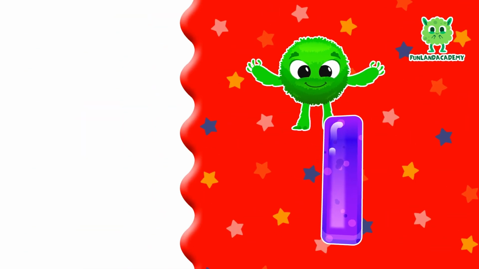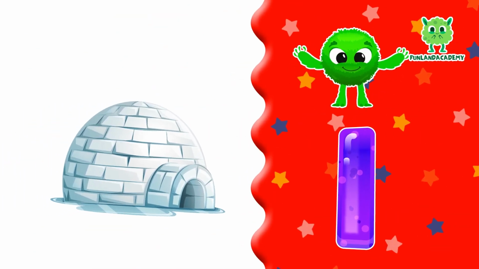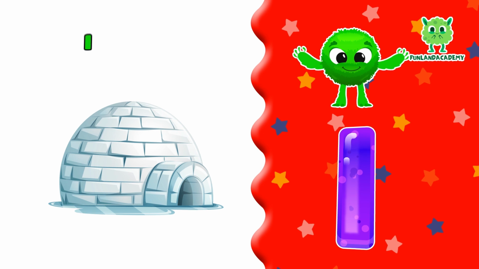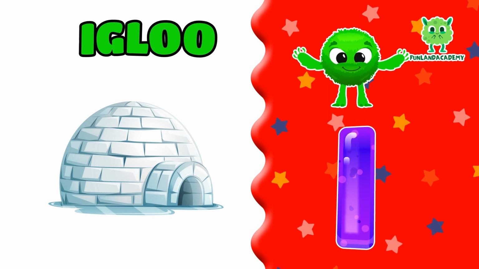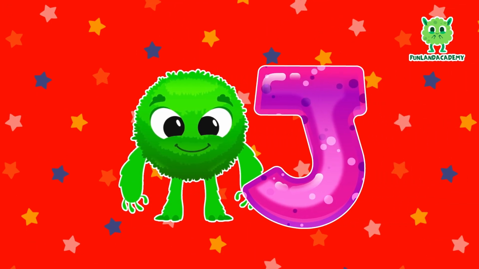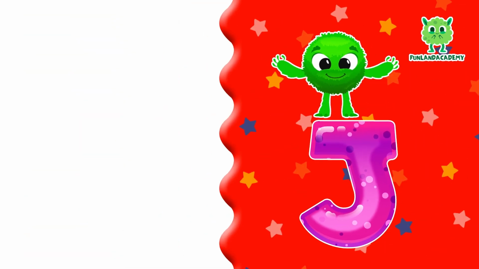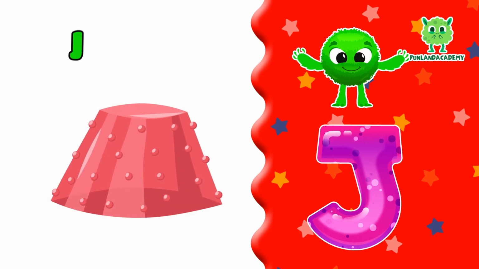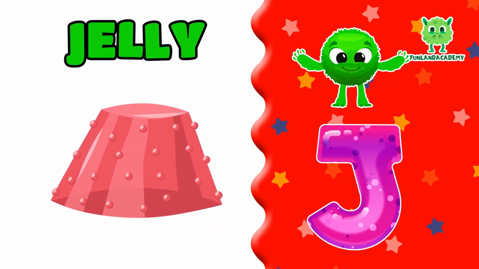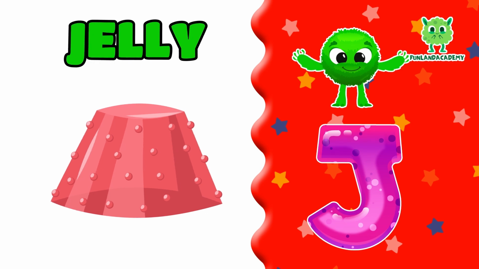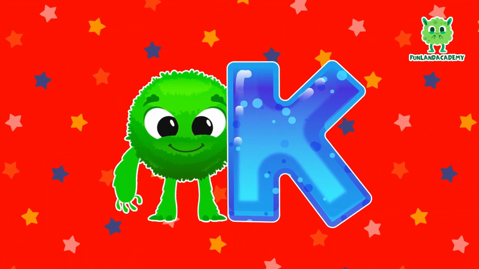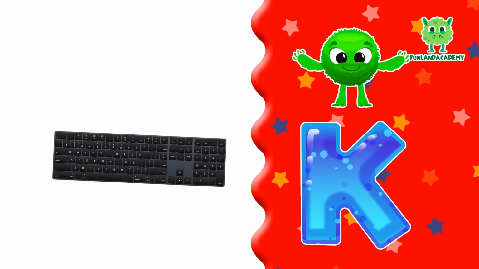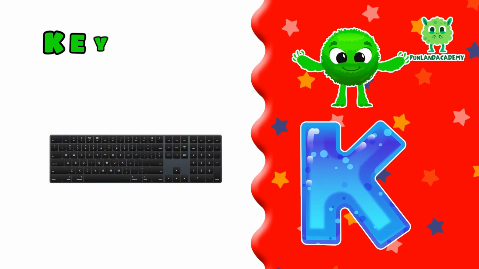I. I is for igloo. J. J is for jelly. K. K is for keyboard.